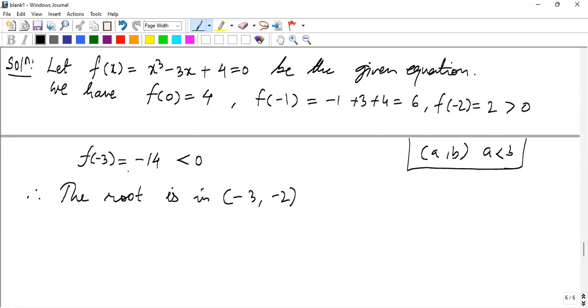So one we got positive, the other negative. So here x0 is minus 3 and x1 is minus 2. Now we can write by secant method.